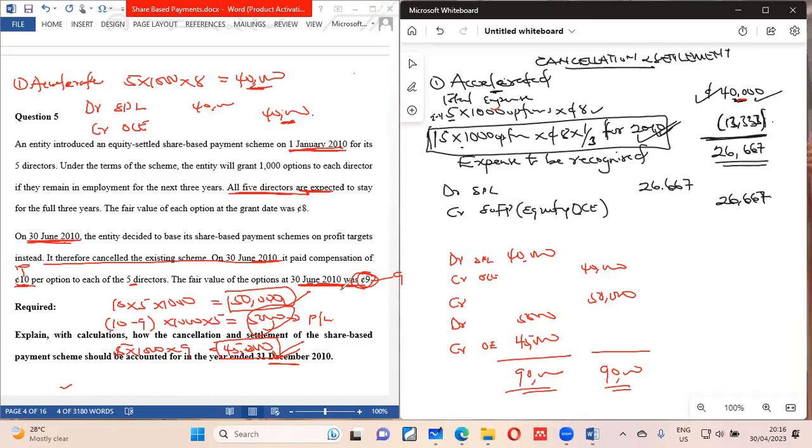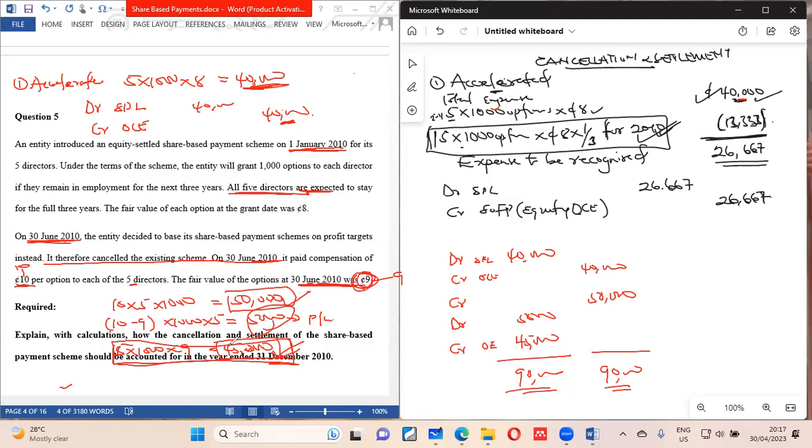So the excess, so step one, I said accelerate it. This is what we mean by accelerate. Then step two, what do you do? Payments made. All payments made up to the fair value at the cancellation date is deducted from equity. This is the payment up to the fair value at the cancellation date. This one, that is the fair value at cancellation date.